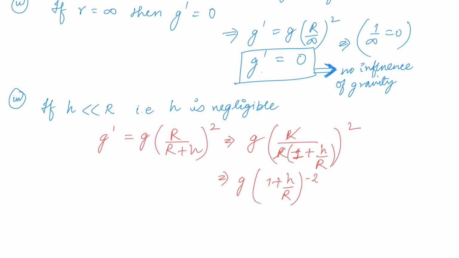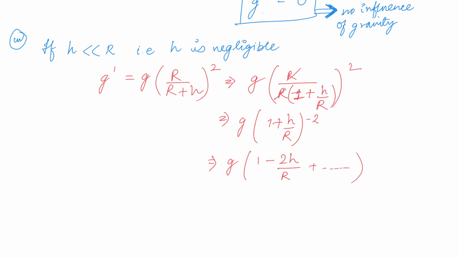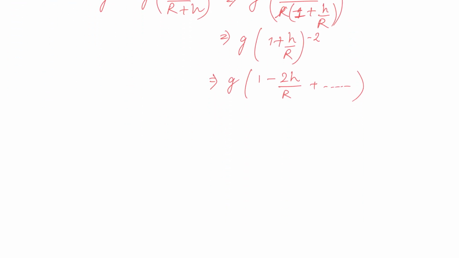Now if we expand this by binomial theorem, then this will be g (1 minus 2h upon R) and some higher terms.